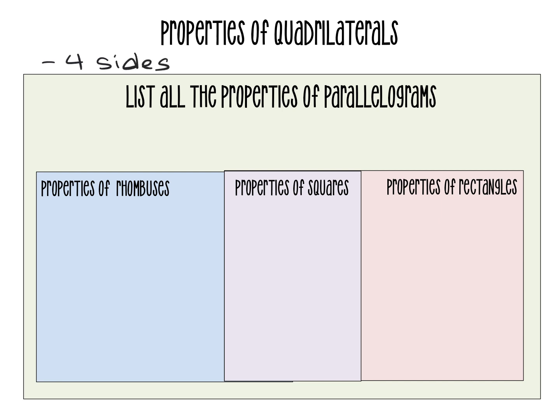We also learned that all of the angles in a quadrilateral are going to sum up to 360.